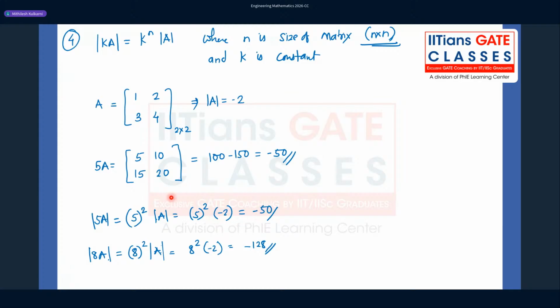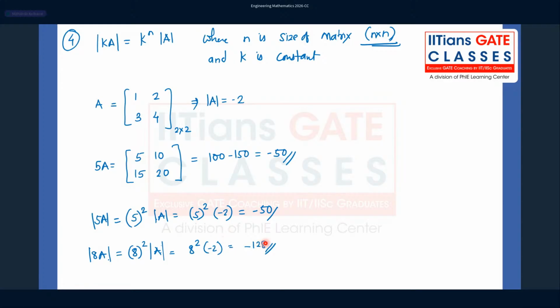How to cross check? Write down 5A. This is my A. 5A will be 5, 10, 15, and 20. Take the determinant. 5 into 20 is 100, 10 into 15 is 150. So minus 50. Similarly, if I want to find the determinant of 8A, it is 8 squared into the determinant of A, 64 multiplied by minus 2, which is minus 128.